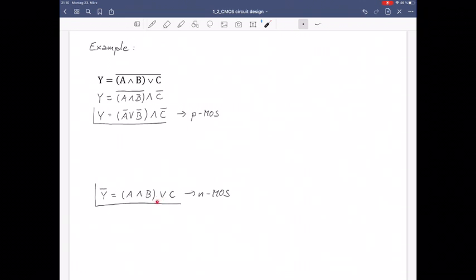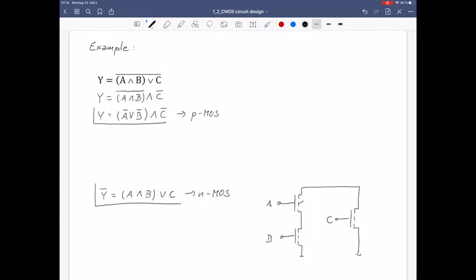If we have an OR operation between two variables or two expressions, we have a parallel connection. So we can start drawing the circuit right away. I have the two transistors with the input signals A and B in a series connection. And in parallel to this, I have the transistor with the input C.